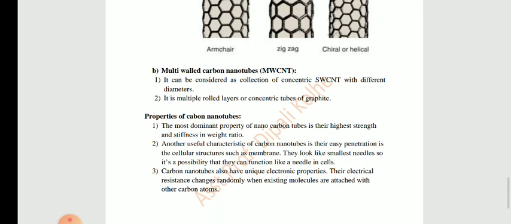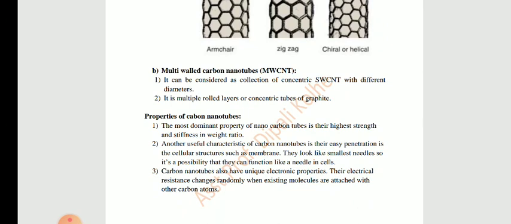Okay, so which are the properties of carbon nanotubes? The first one, the most dominant property of CNT, that is carbon nanotube, is their highest strength and stiffness in terms of weight ratio. Another useful characteristic of carbon nanotubes is their easy penetration of cellular structures such as a membrane.